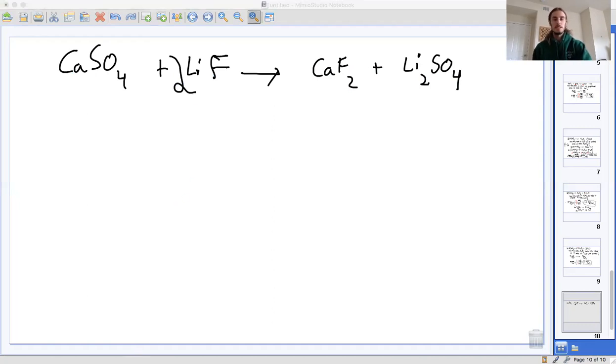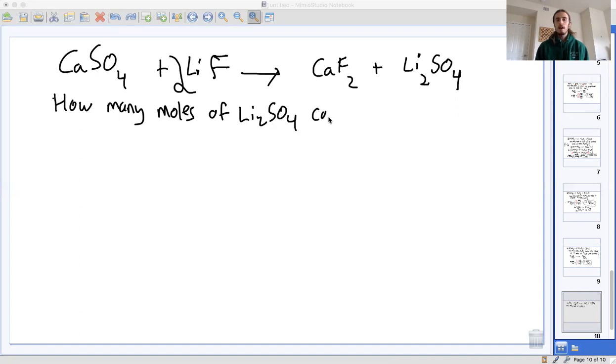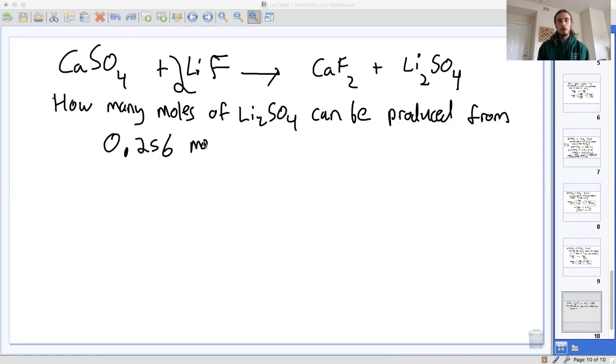All right, so let's see what the question is. The question is, how many moles of lithium sulfate can be produced from 0.256 moles of lithium fluoride?